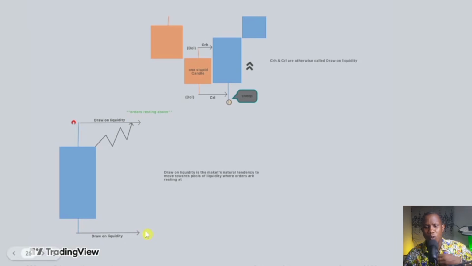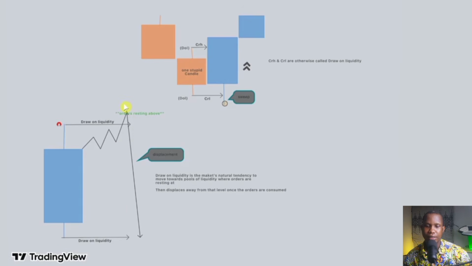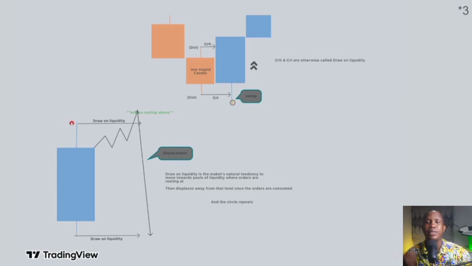That means each of them attracts price to each other. Price action will take out this liquidity resting above this level, and it makes a displacement from that level to the downside once these orders resting above here are consumed, and the cycle repeats again.